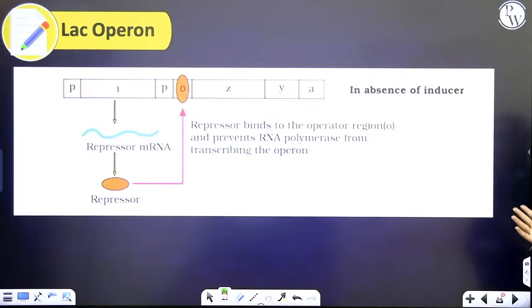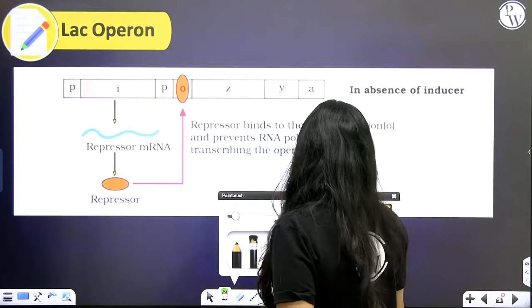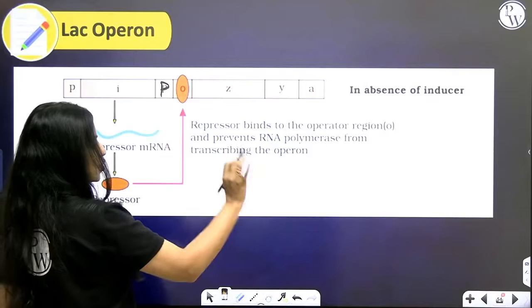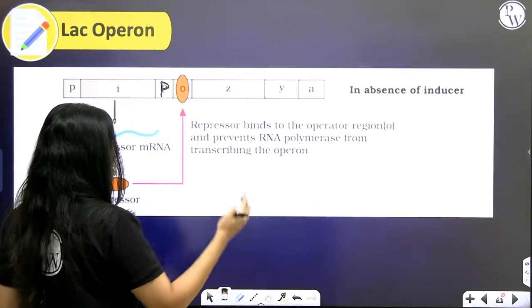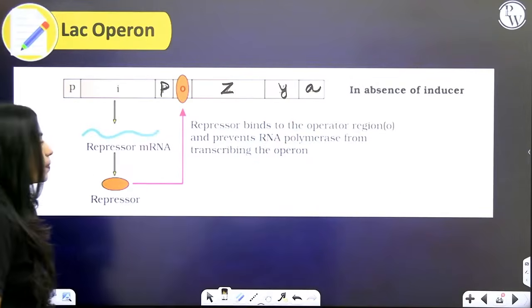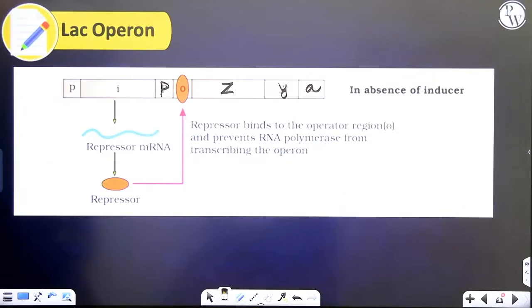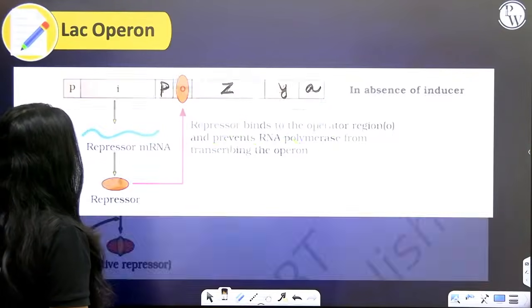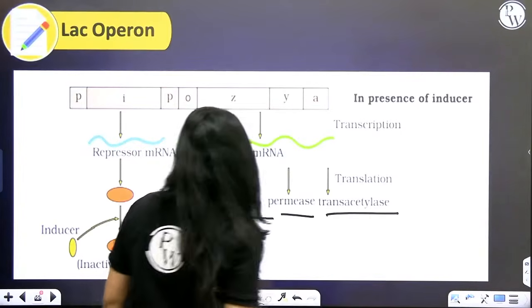So here's what the lac operon looks like. You have your promoter here. You have structural genes. There are three. It is polycistronic, responsible for the production of three enzymes: lac Z, lac Y, lac A. These structural genes will produce the enzymes beta-galactosidase, permease and transacetylase.